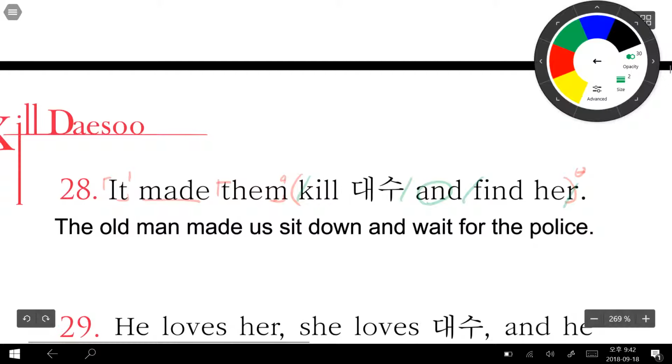Take a look at one more example. The old man made us sit down and wait for the police.